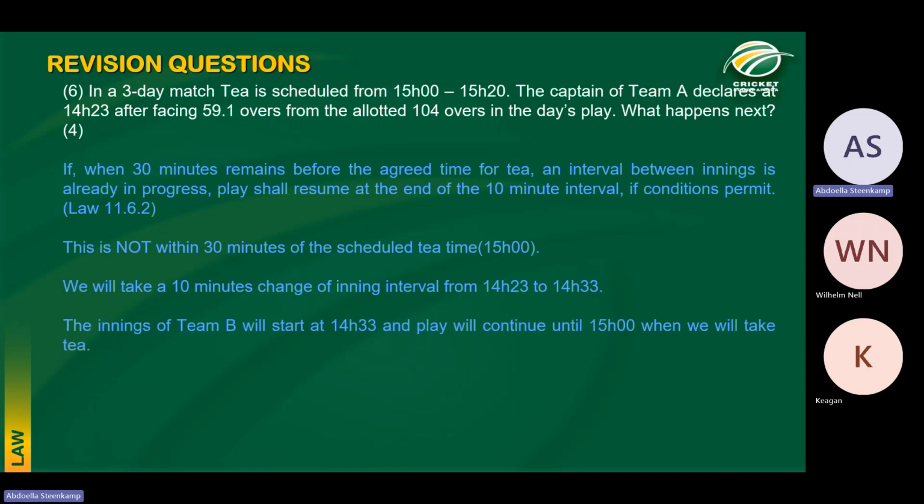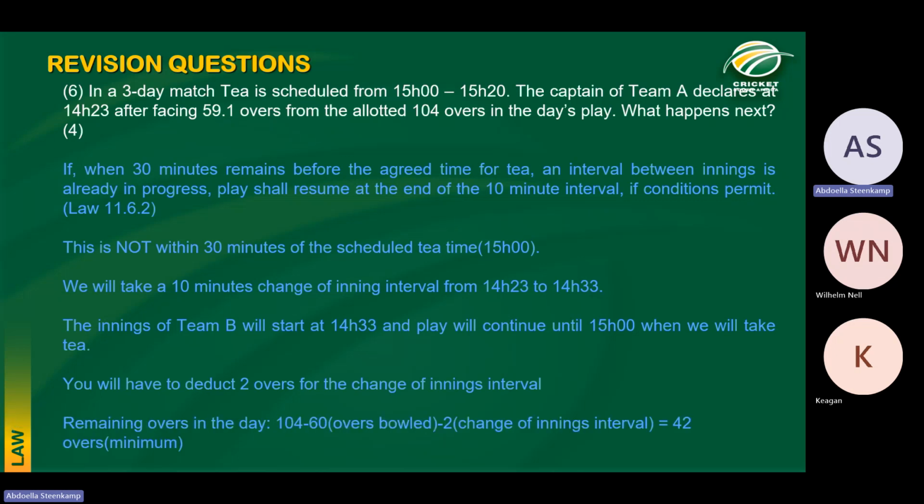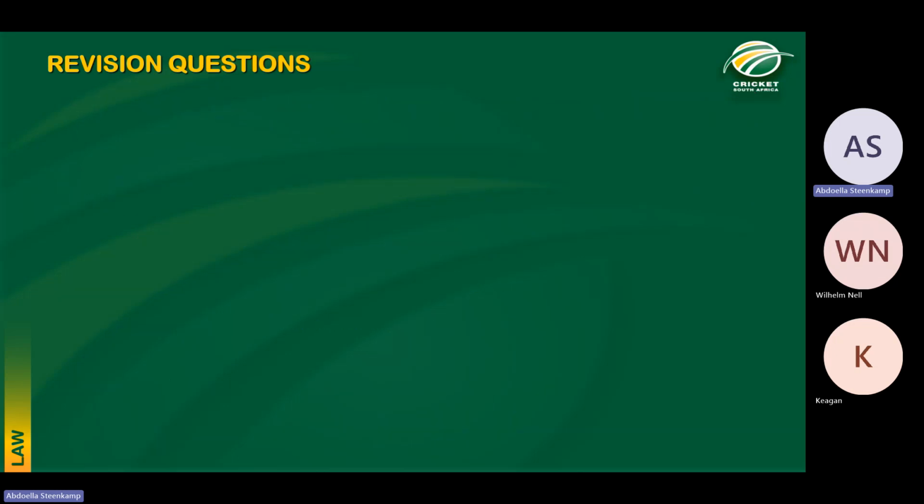So the innings of team B to start 14:33 and play to continue till 3 o'clock when we will take tea. Now you have to deduct 2 overs for the change of innings interval. So remaining overs for the day is 104 minus 60 that was rounded up, minus 2, gives you 42 overs minimum. Baie mooi manne. Well done.